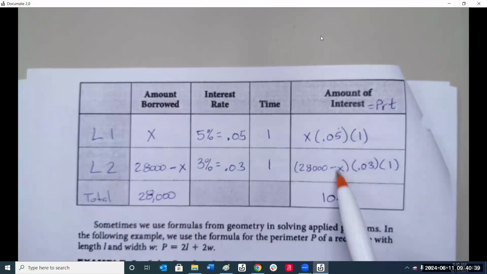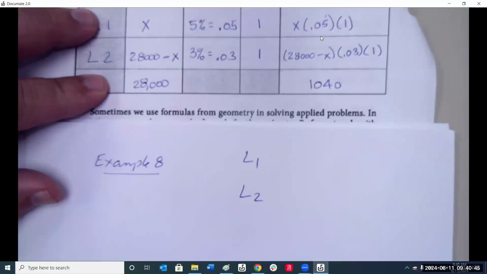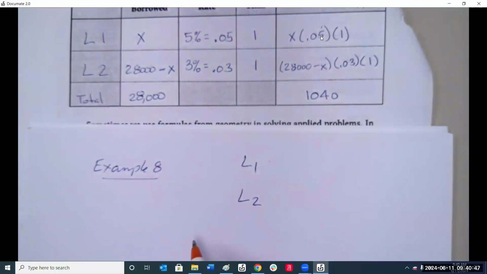So we have to take these equations. So what we have to look at here is this. We have loan 1 plus loan 2 equals the interest, I should say. The interest of loan 1 plus the interest of loan 2 equals $1,040.